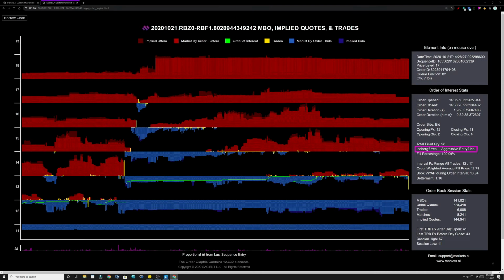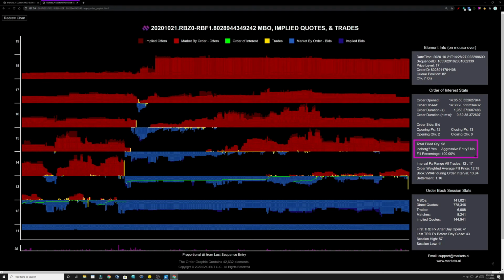But it didn't come in aggressively. That's a plus. So there's a little patience. And it was 100% filled. I know that to be true because it certainly was hit through for far more than just its order. And it shows a betterment of over a tick.